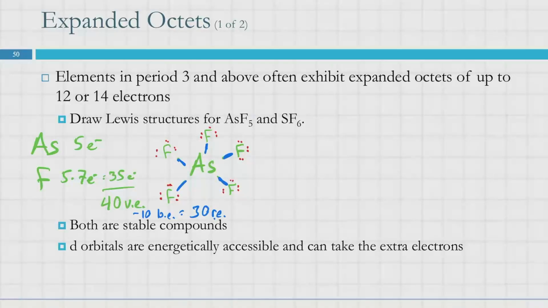Doesn't really matter where, and you end up with something like this. When we do that, fluorine has full octet. Arsenic has 10 electrons, 2 from each of the 5 bonds.